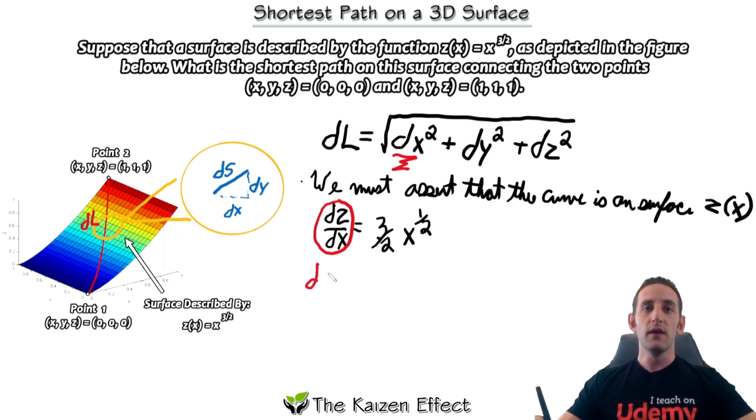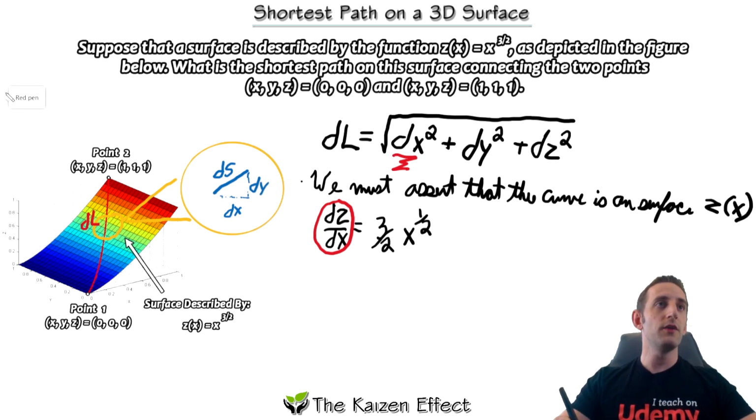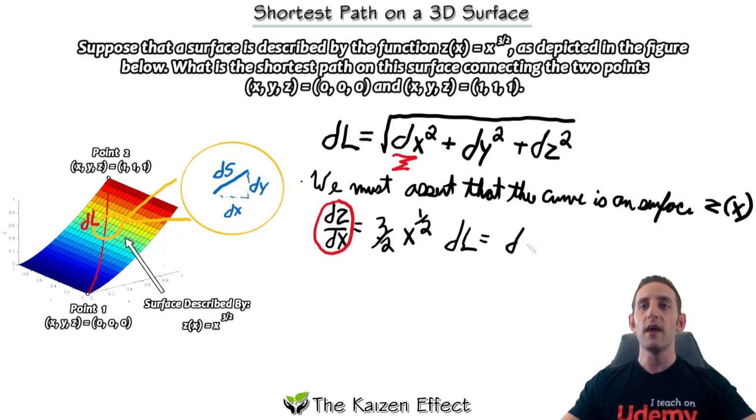So we're going to do dl, and we want to use our traditional black, or I guess I'll do it over here. So we're going to get dl is equal to, we're going to pull out the dx squared, and I'll work through the math for you guys so you don't feel lost.